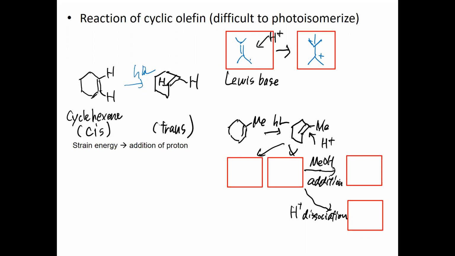Here's one of the examples. By illuminating the light, it has a strain energy, and it's going to accept the proton, right? And there are two possible positions of the proton, and it's going to give two types of carbocation.